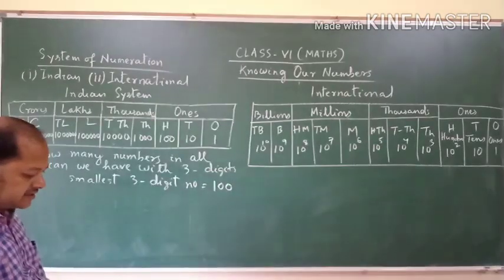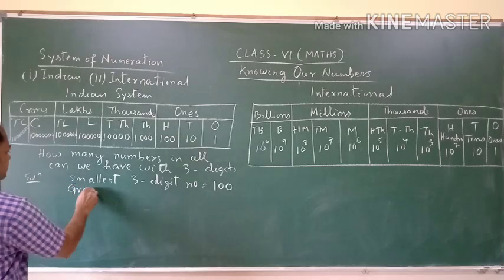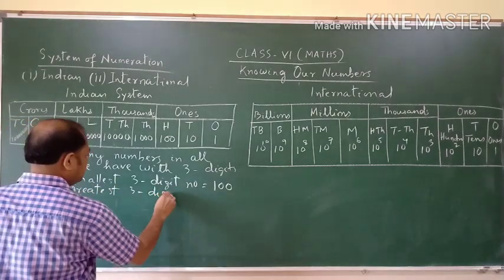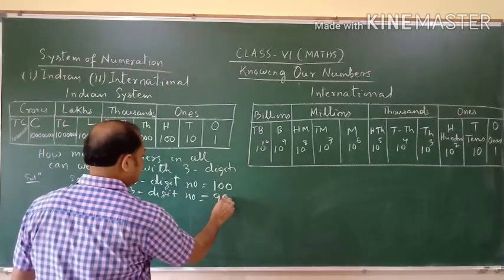And what is the greatest 3 digit number? The greatest 3 digit number is 999.